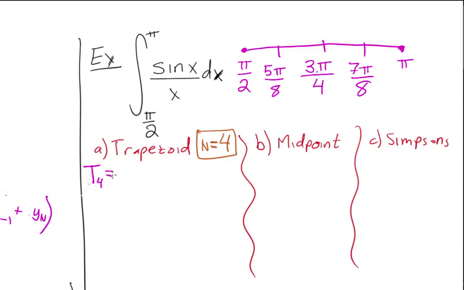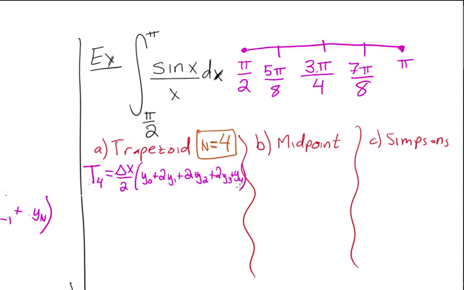Delta x over 2, and then y sub 0 plus 2 y1 plus 2 y2 plus 2 y3 plus y sub 4. Right? So it goes 1 and then 2, 2, 2, 2 until the last one.